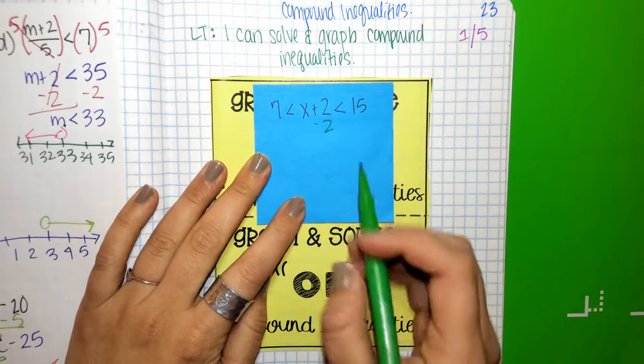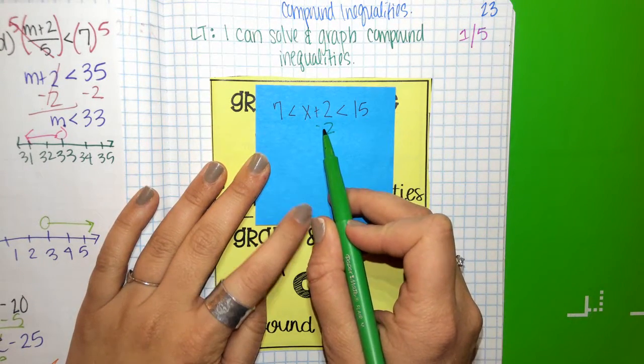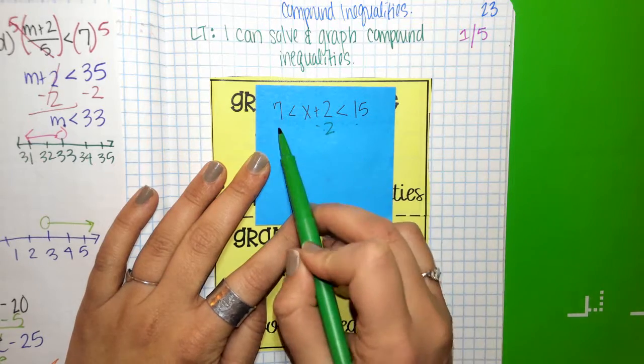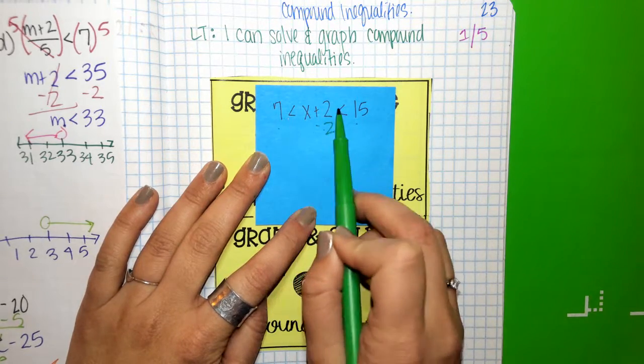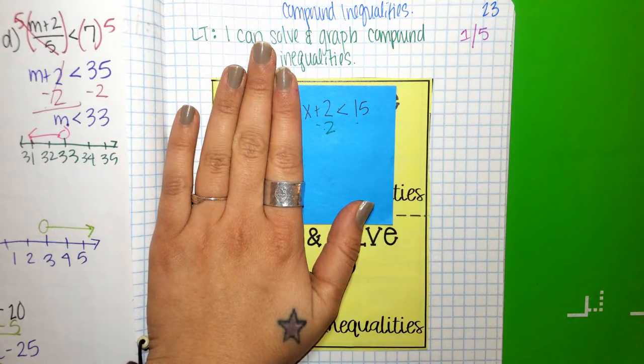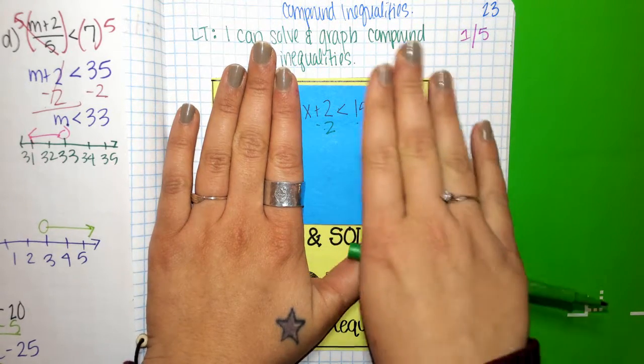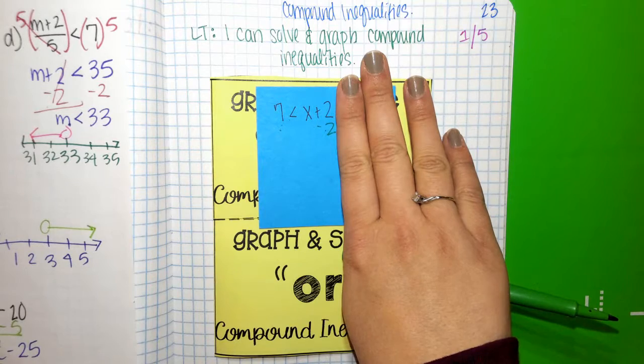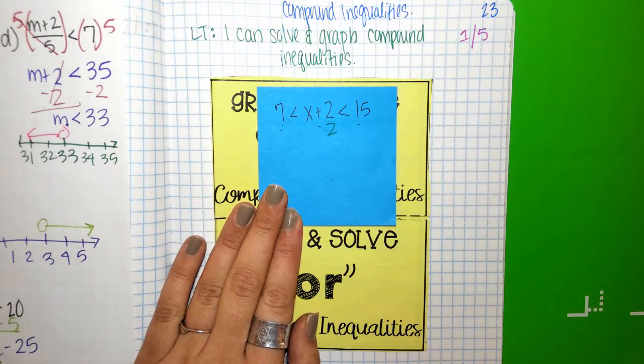Okay. Alright, so we've subtracted 2 here. Some of you said 15, some of you said 7. But how many inequalities do we have? 2. So if we covered it up this way, where would we subtract 2?